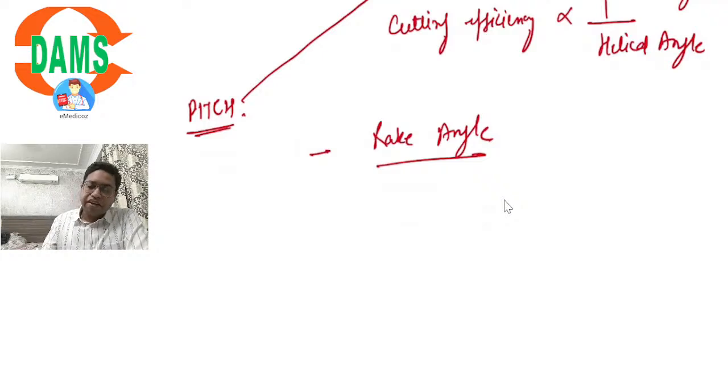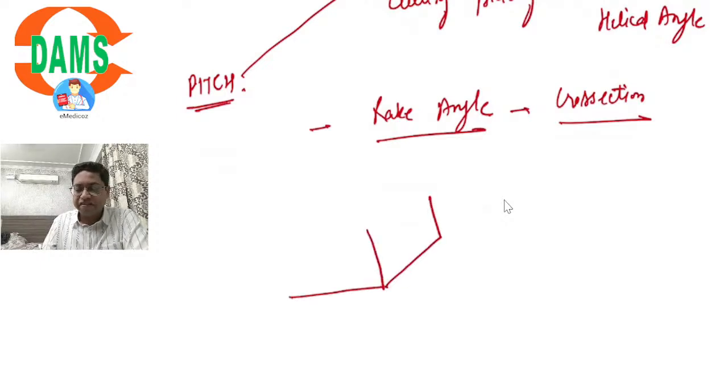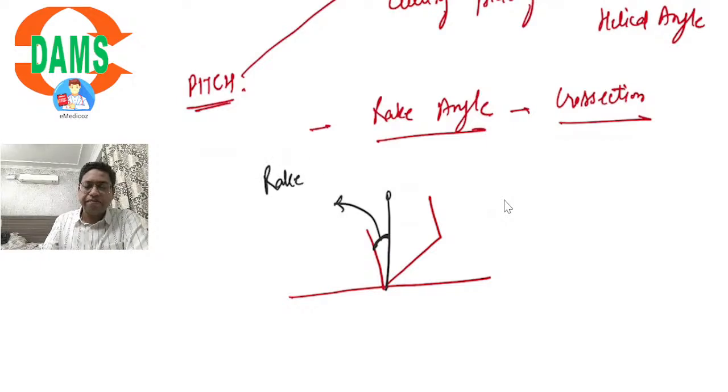Rake angle is defined in cross section of the instrument. Okay. If I make an instrument cross section, which is a blade like this, then this is the radius of the instrument. Angle between the radial line and the front face, this is called rake angle.